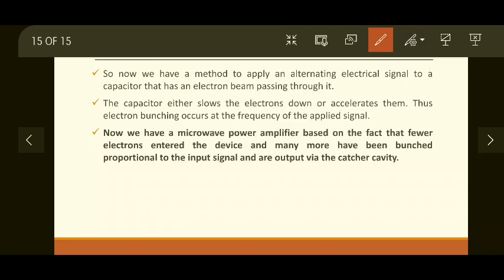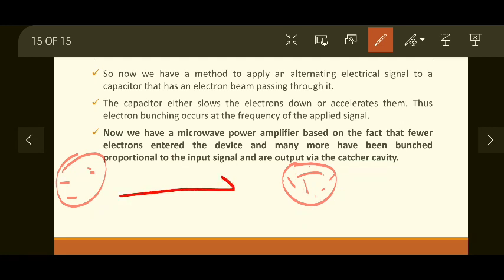Okay, now how does it amplify the signal? So now we have a microwave power amplifier based on the fact that few electrons entered the device and many more have been bunched proportional to the input signal and output via the catcher cavity. So it appears as if some electrons entered and a bunch of electrons exited the catcher cavity. Okay, only some electrons entered and a bunch of electrons exited the catcher cavity.